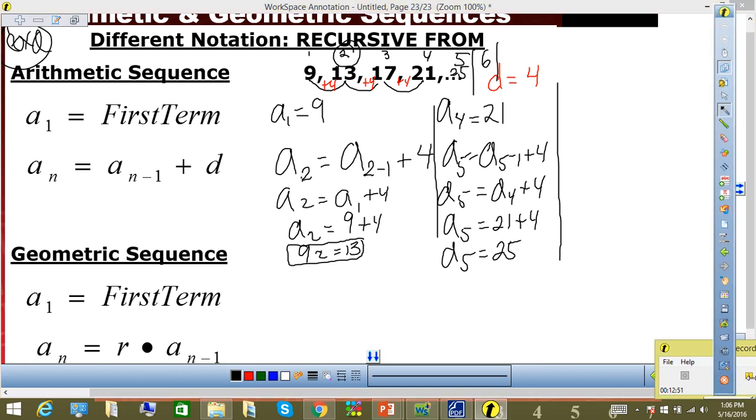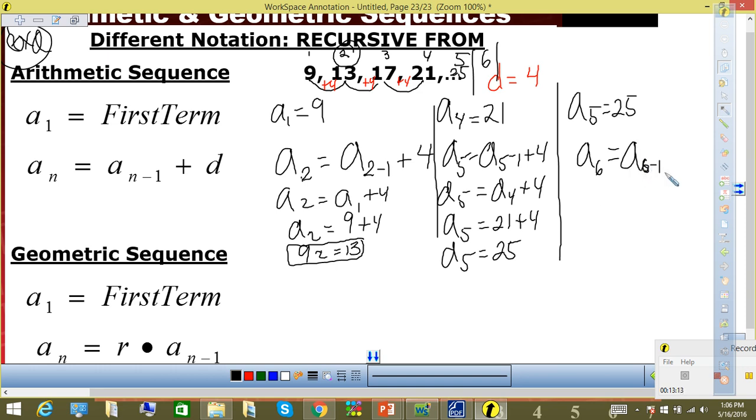Go. All right, so check this out. Here, we want to find which term? On the second line, you should have written A sub 6, right? But to start, we need to start with A sub what? A sub 5 equals 25. Therefore, this becomes A sub 6 equals A sub 6 minus 1, and at the end, plus the difference, which is 4.